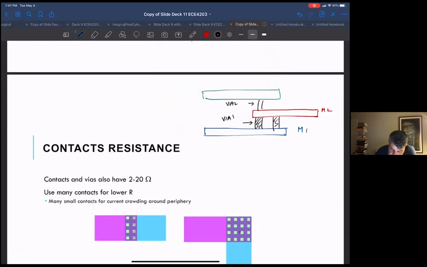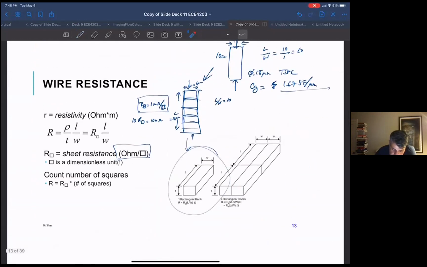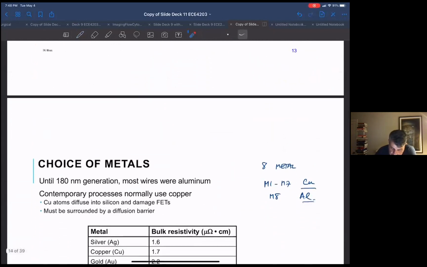It turns out that these connections in between the layers, whether it's vias, or contacts down to, say, poly or diffusion with the so-called contact, have a very high resistance, relatively speaking. For these lines we're talking about milliohms per square.